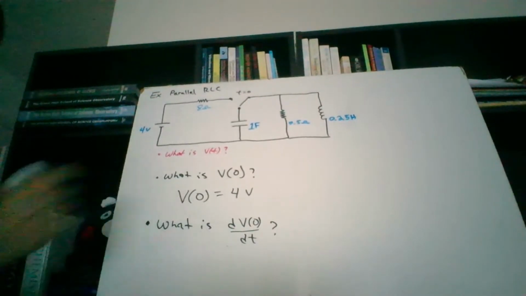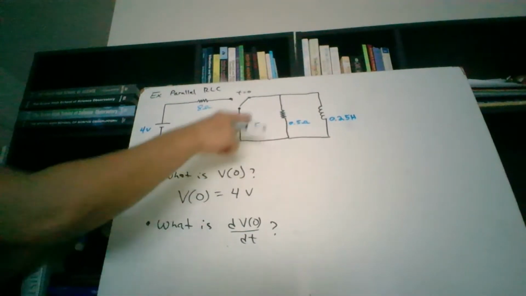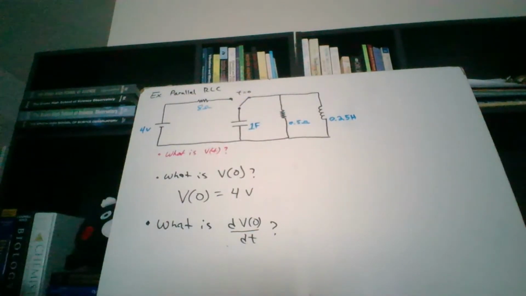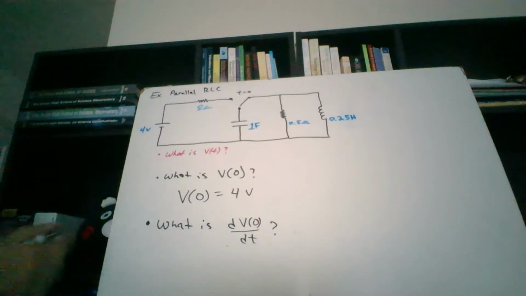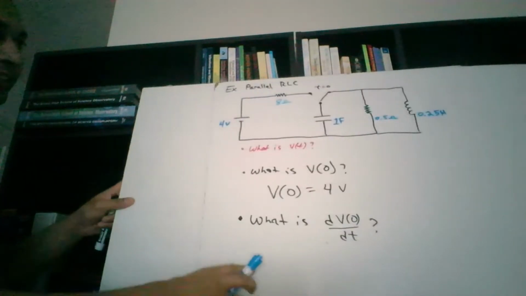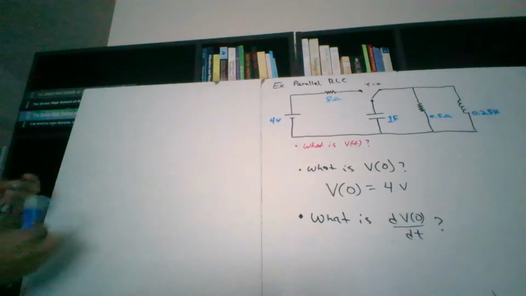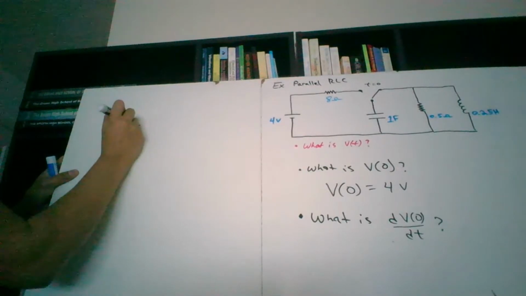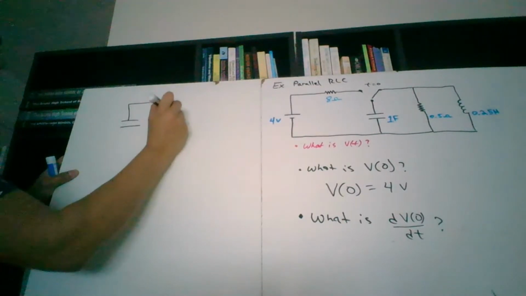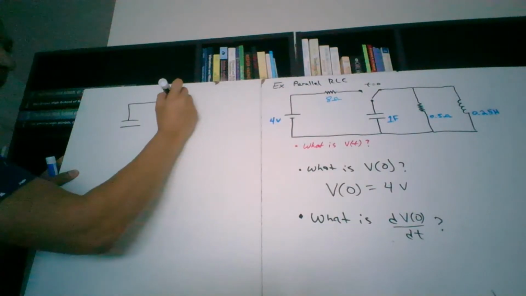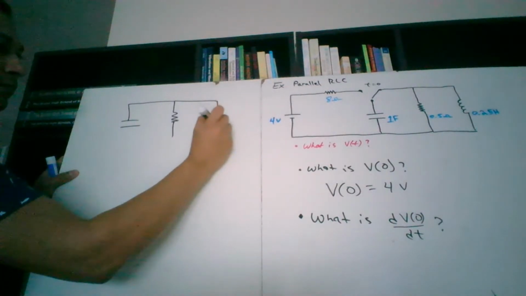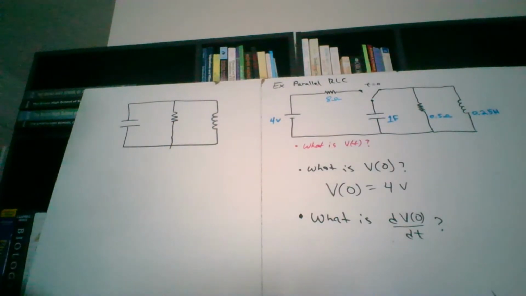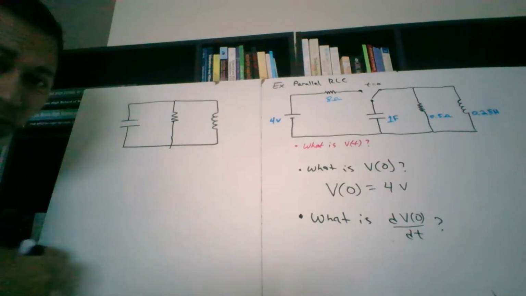Okay, so how do we do that? Well, I'm going to look at just this picture right here, and in that picture, I'm going to use Kirchhoff's current loop rule. Let's draw that over here for a second, and we'll come back to this. So what I see is this. We have our capacitor, we have our resistor, we have our inductor. And from yesterday's lesson, we talked about what this would look like.